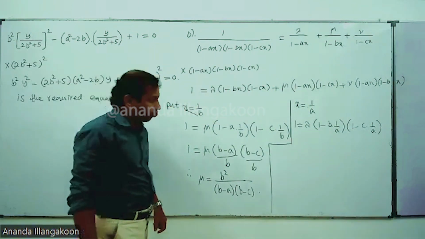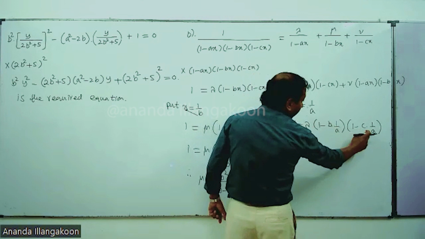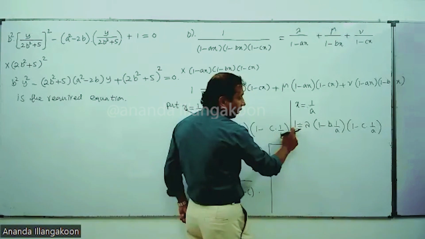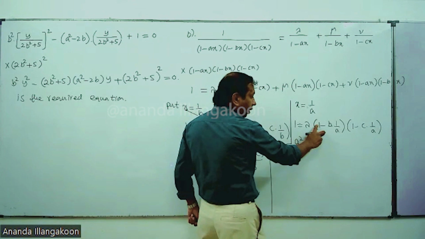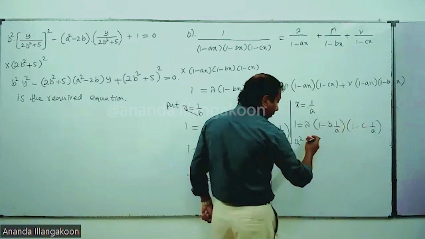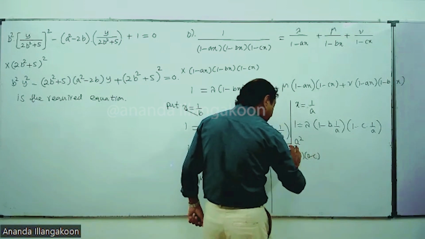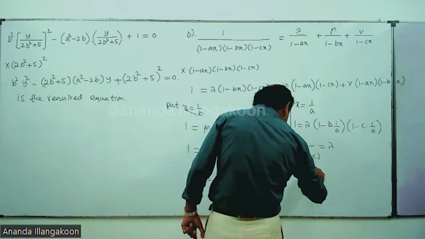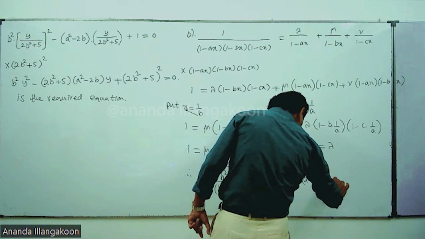Now we take the common denominator as a, then this will be a minus b, here a minus c, and here we have a, here we have a, that we can bring here, a squared. Now a minus b and a minus c we can bring to the left hand side denominator like this. This is our lambda. Therefore, lambda equals a squared over a minus b, a minus c.